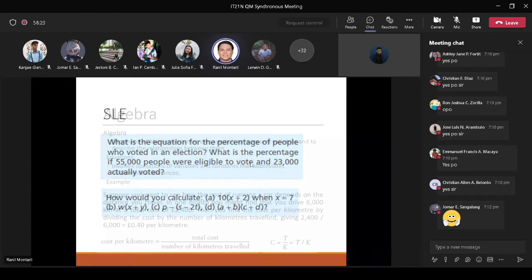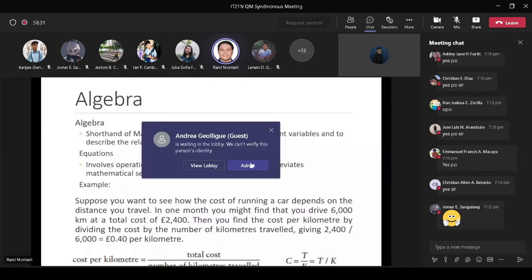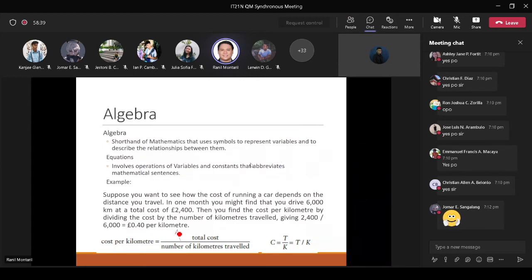It becomes cost per kilometer equals total cost over number of kilometers traveled. This is the shorthand of this expression. And then, we're not yet satisfied with that. Normally, we use the first letters.